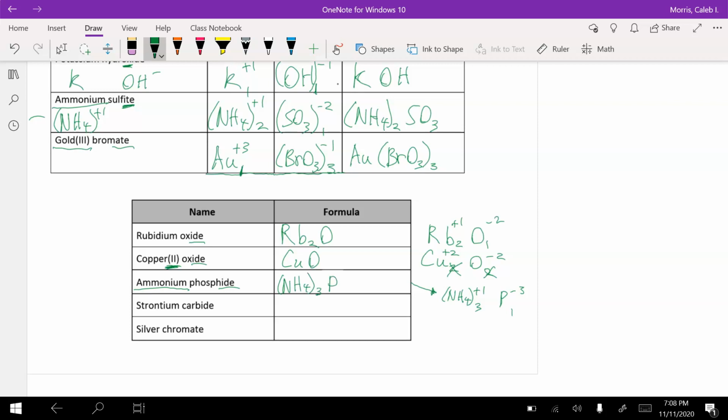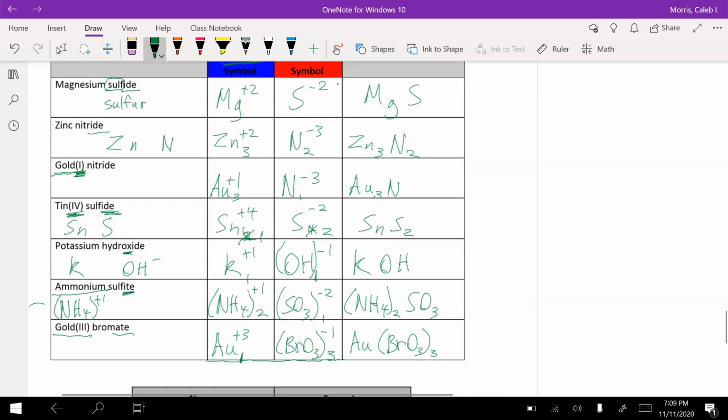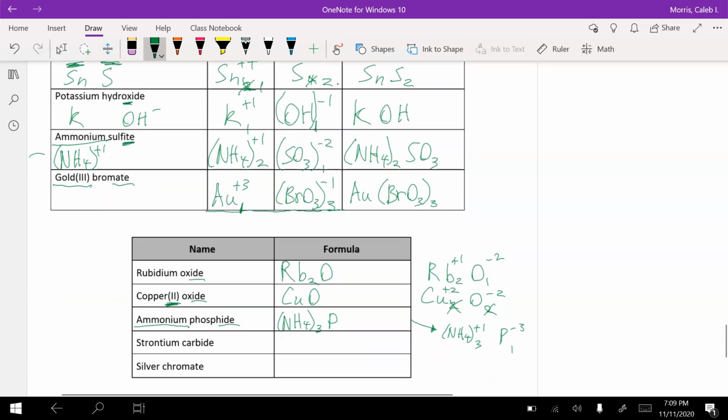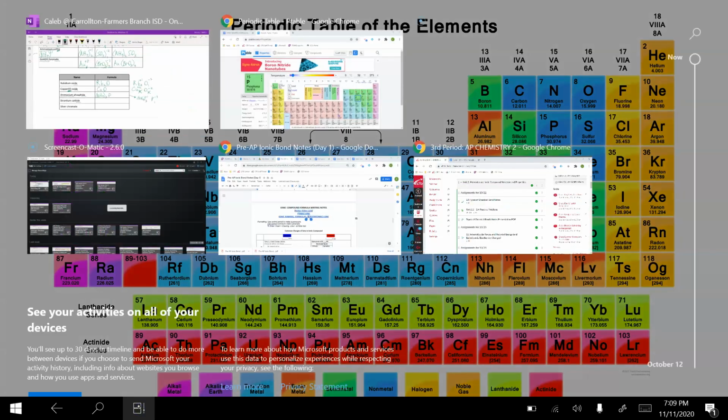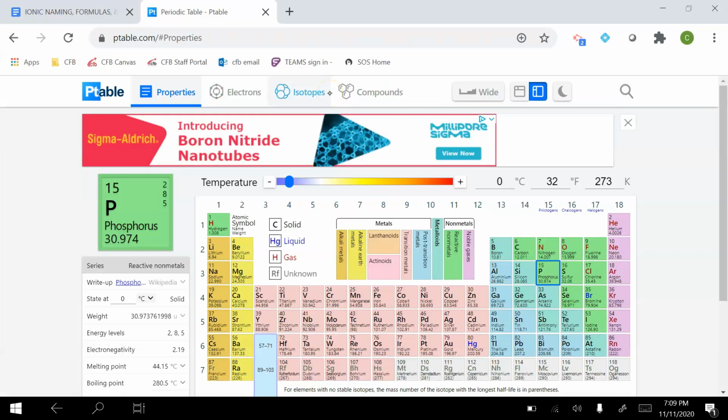Ammonium phosphide. Then strontium carbide. Strontium, we found it a little while ago, I think. No, we didn't. Okay. Strontium, that's going to be a metal, and then carbide, ide, so that means it's probably a nonmetal. What's a nonmetal that starts with carb? That would be carbon. Okay, so I'm looking for Rb, which is in group 1. No, I'm not. I'm sorry.